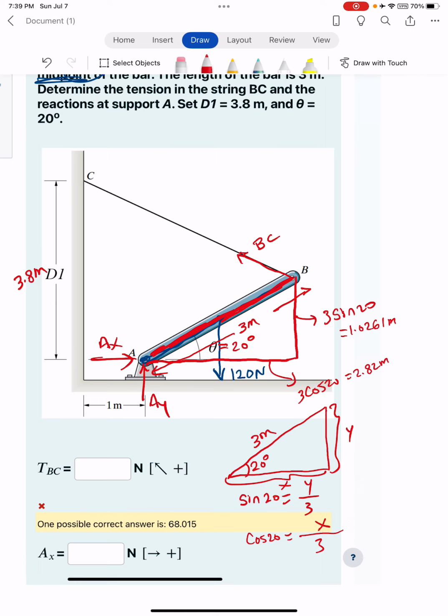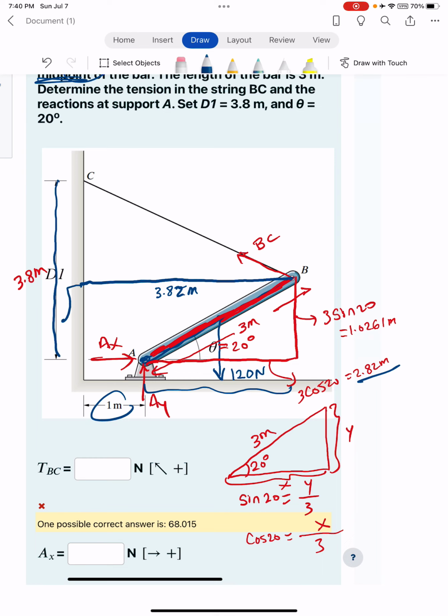Let's find the slope BC. For BC, we have to look at the following distances. Distance from here to here. If this is 2.82 from here to here, plus 1, that's going to be 3.82. Remember, 1 meter all the way down to the wall. 3.82 meters. And if the whole thing is 3.8 meter, what is this? This is 1.026.